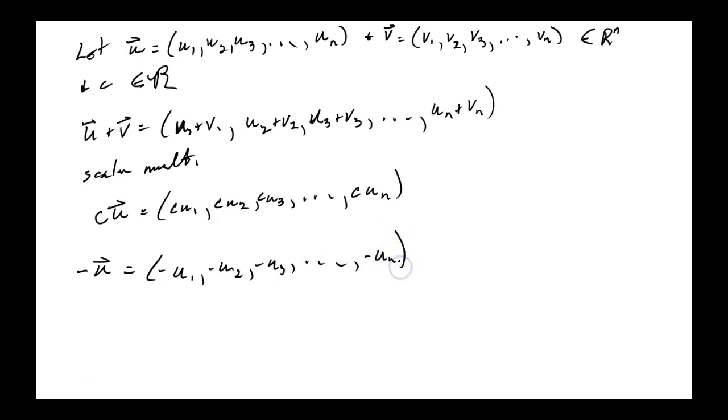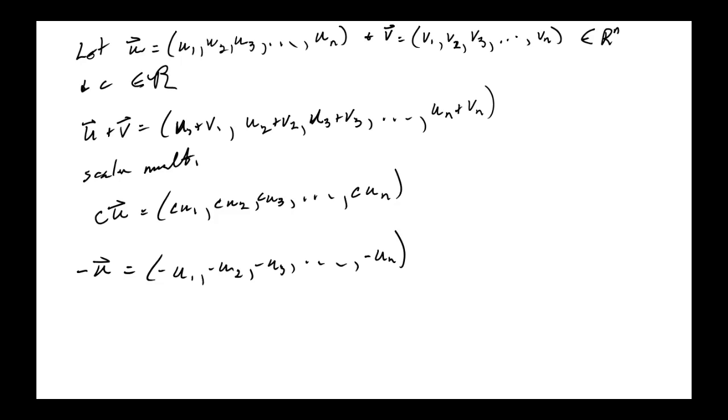You just negate every component. You're heading in the opposite direction, whatever that direction is in space, doing exactly the opposite. It's the same thing as this, only now your c is a minus 1, so you just multiply minus 1 by everything. That's all it is.